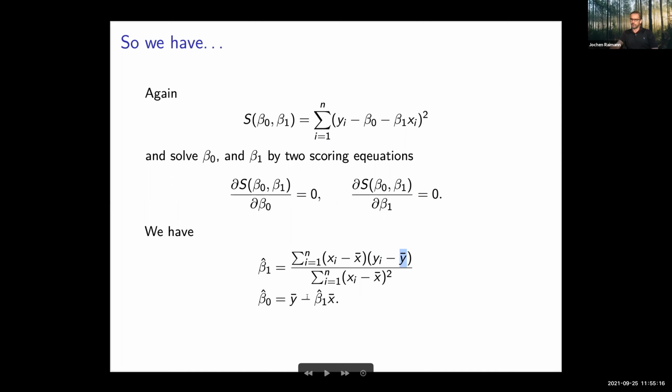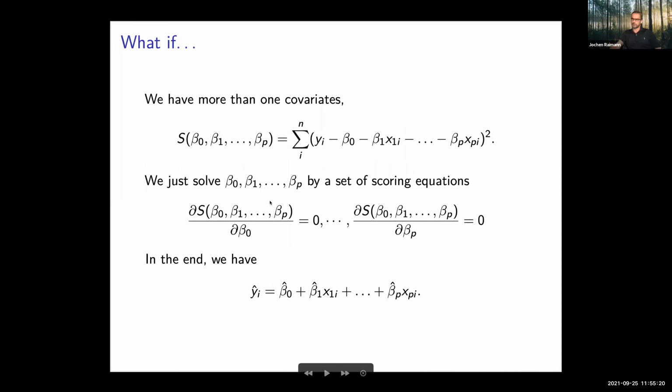So essentially now in a last step, we can solve this to come to these scoring equations, and as such we get to a point where we can develop the final equation for all covariates, where we are employing this method.